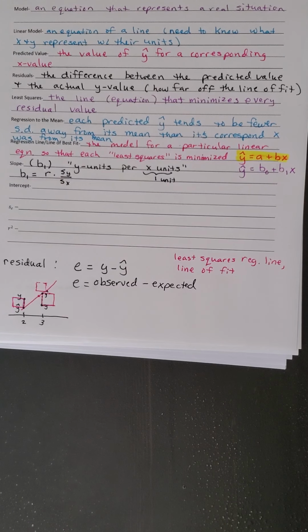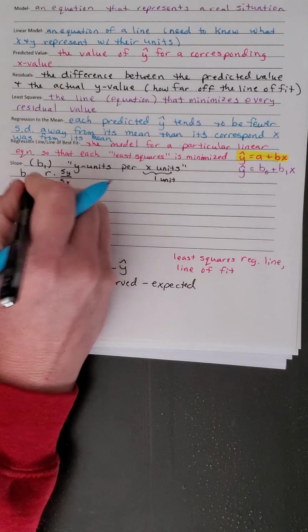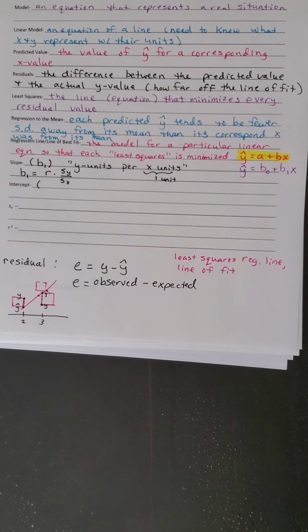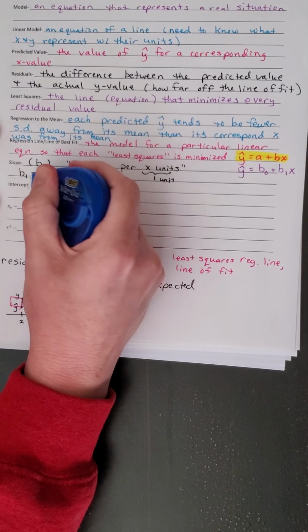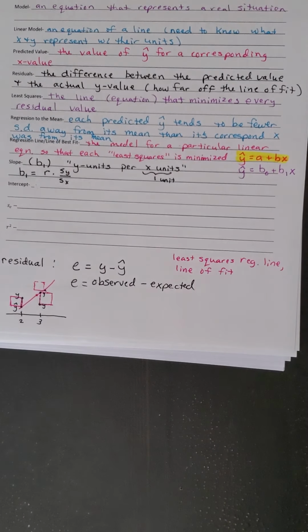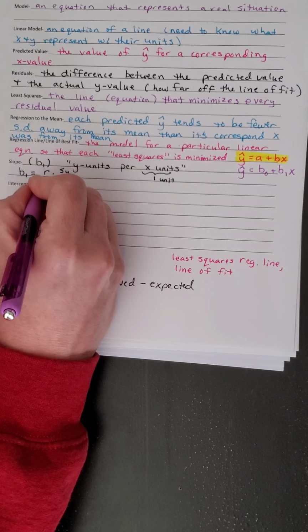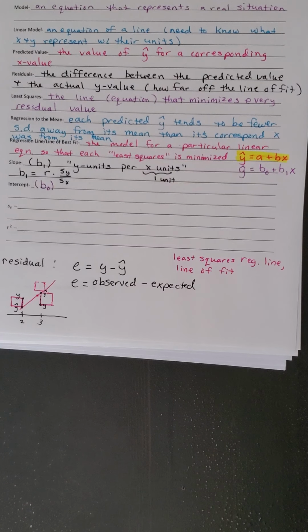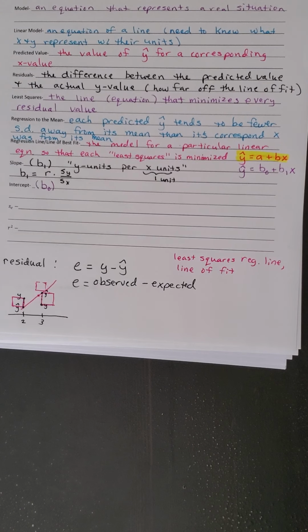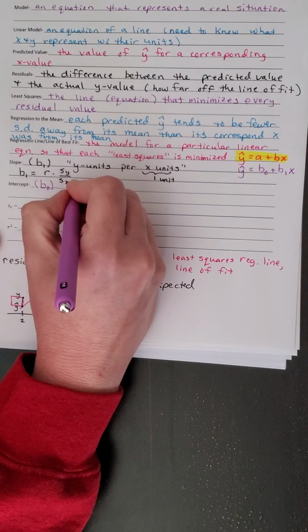Okay, the y-intercept, which we call b0, whoops, I want to change colors. Sorry, hold on. Let me change colors here. So the y-intercept, which is b0, is the starting value in y units. So it's the y hat value when x is 0.